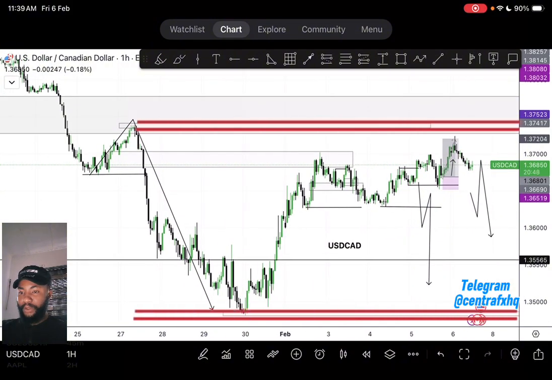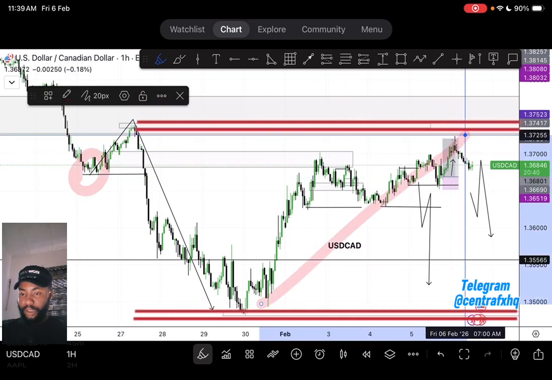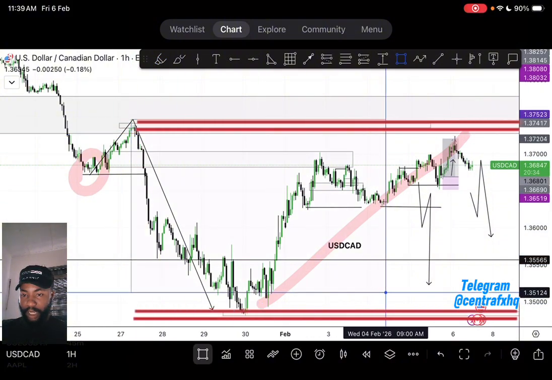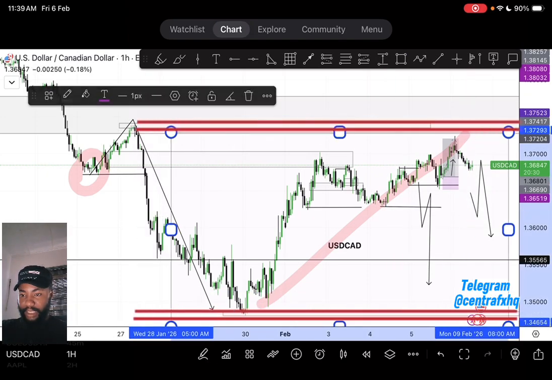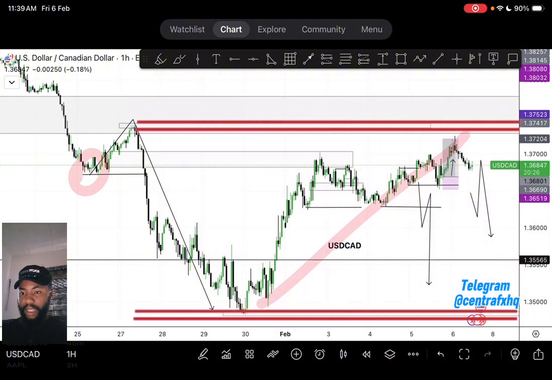I don't know if you are getting me. This is our external structure, and this is our internal structure. Everything that is happening from this swing high to this swing low, inside this zone, is our internal structure.